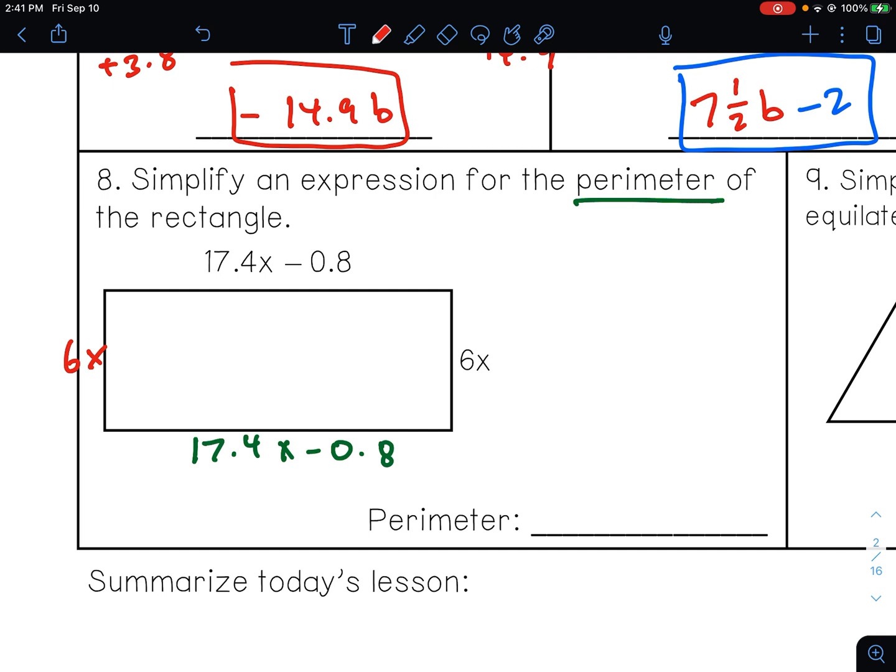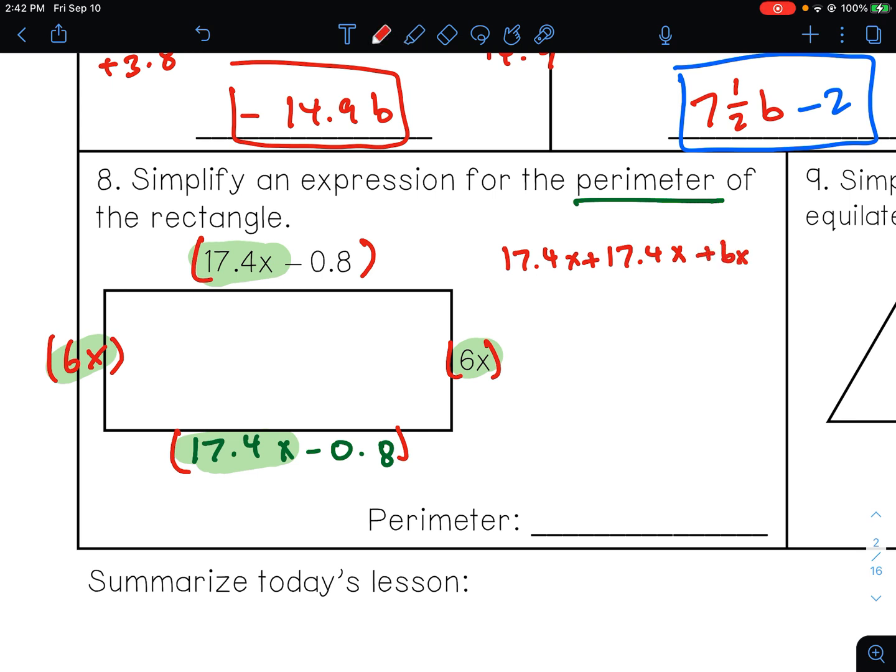So let's add 17.4x plus another 17.4x. We're adding this, and this, and this, and that, basically. So let's go ahead and add our like terms. I'm going to do 17.4x, then 17.4x, then 6x, then 6x.